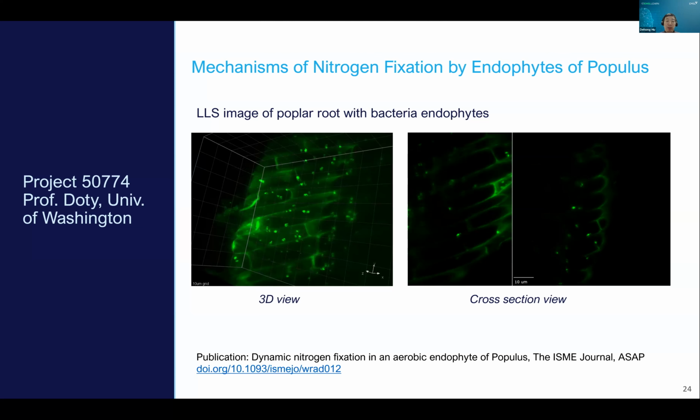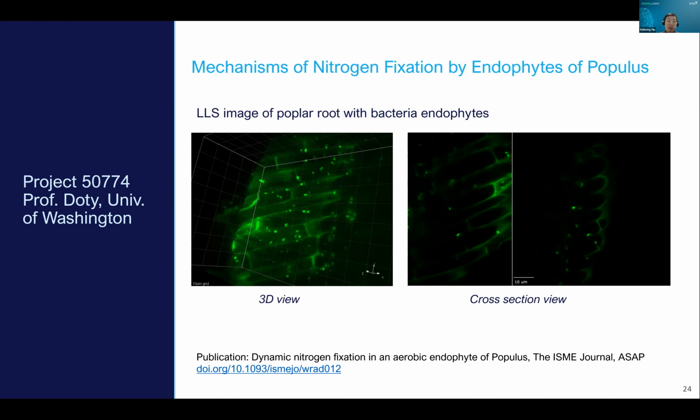This is a big project, and here I only show one lattice light sheet image. The system is a poplar tree grown with a special strain of endophyte bacteria. This bacteria expresses GFP, green fluorescent protein, while fixing nitrogen. So we grow this system and then put the poplar tree root under the microscope.